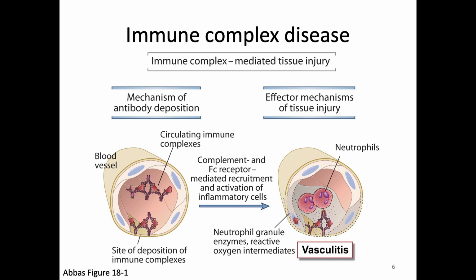There's one example that everybody knows for a type 3 hypersensitivity reaction. It happens in a particular situation that I have to tell you a little bit about. I actually told you about this situation earlier in the semester, but I want to remind you about it, and then we can see how it may lead us to a type 3 hypersensitivity reaction.